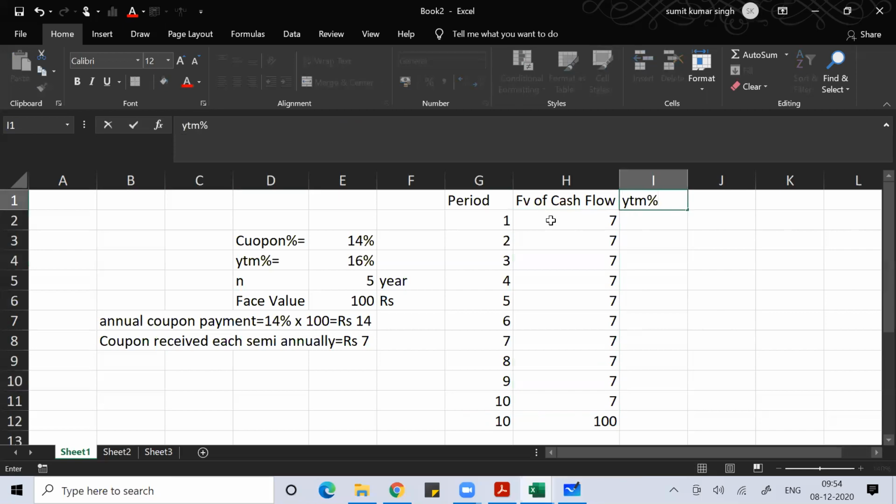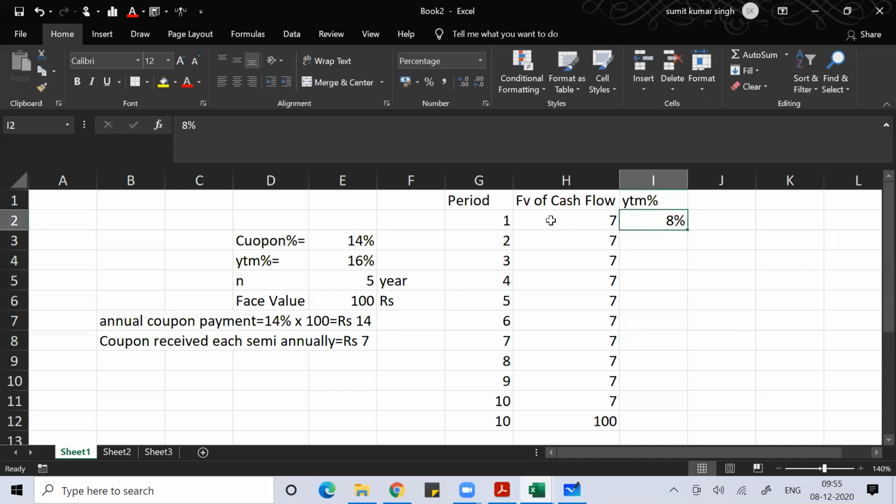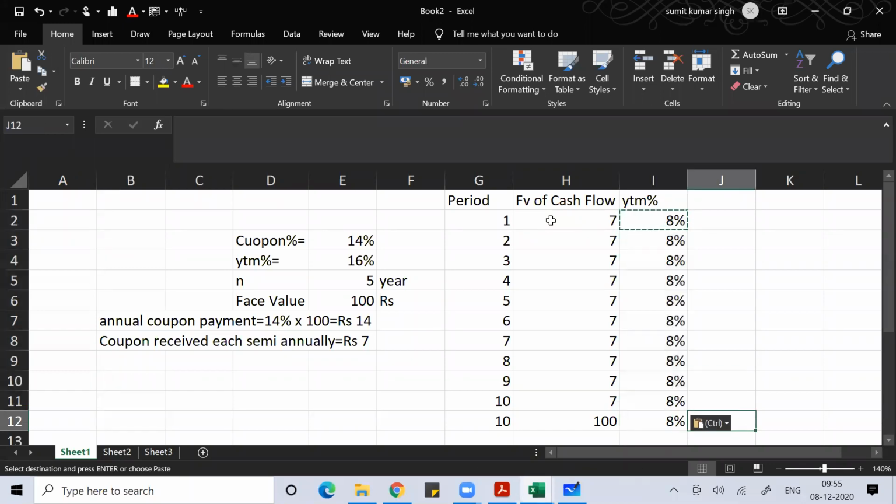YTM is actually 16%, but because the coupon is paid after every 6 months, for the calculation of the time value of your coupon received, the rate of interest for that time period would be 8%. So you got the coupon.